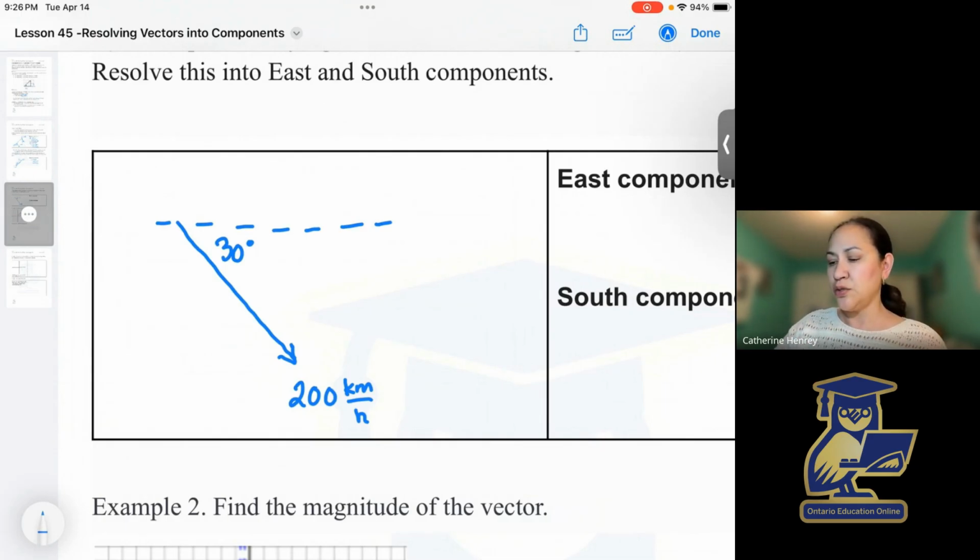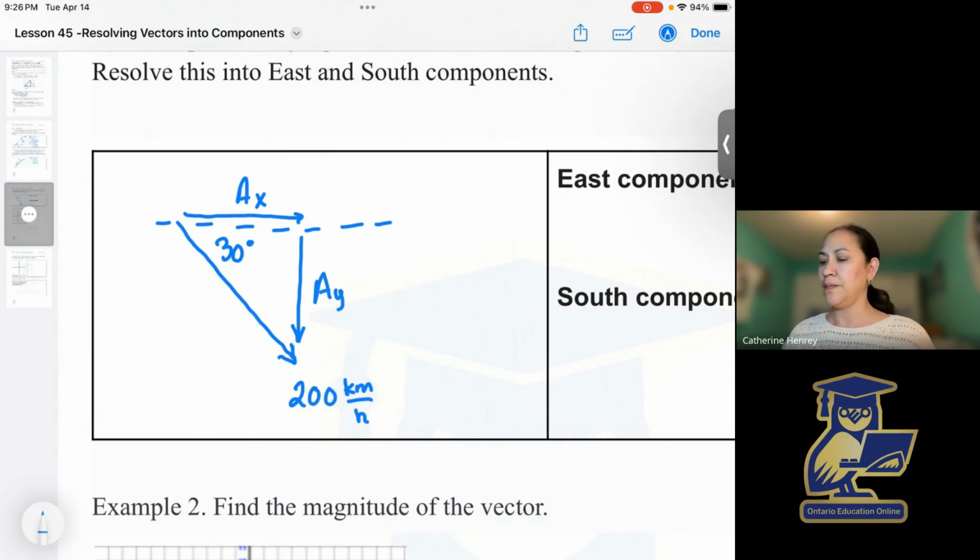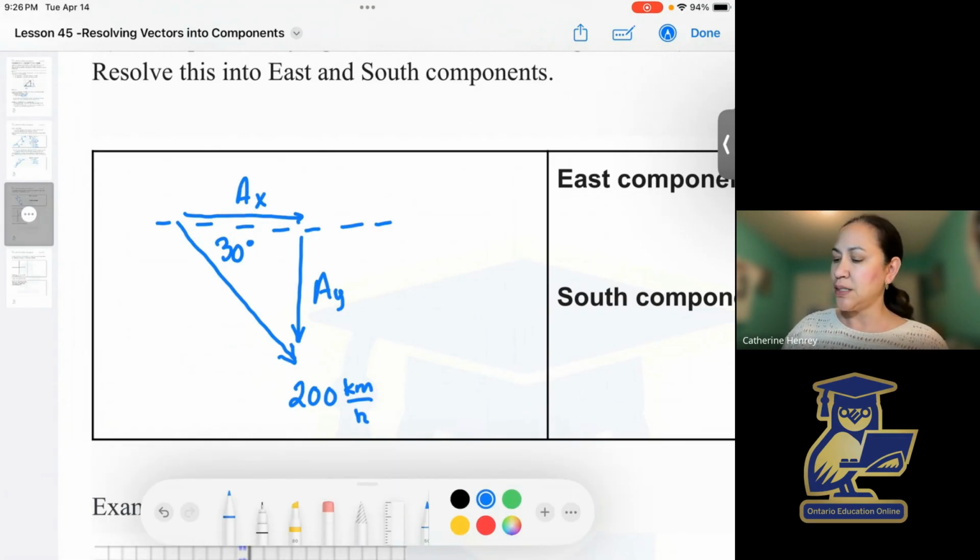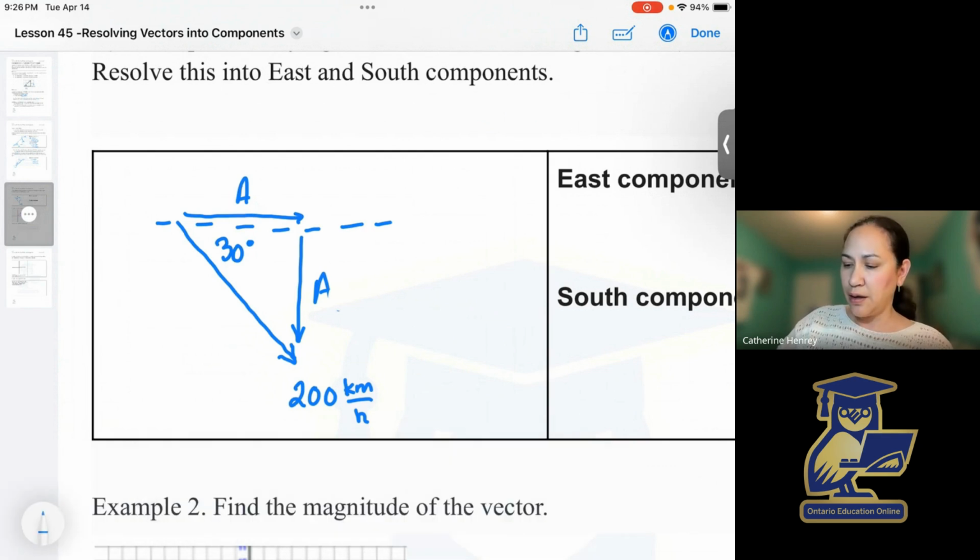So my horizontal component here is X, and this is Y. Actually, let's call them east and south. So this is going to be A east, and this will be A south. Okay.